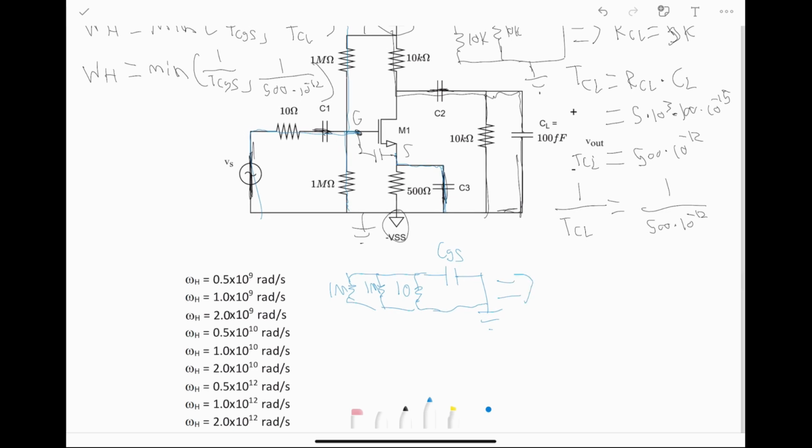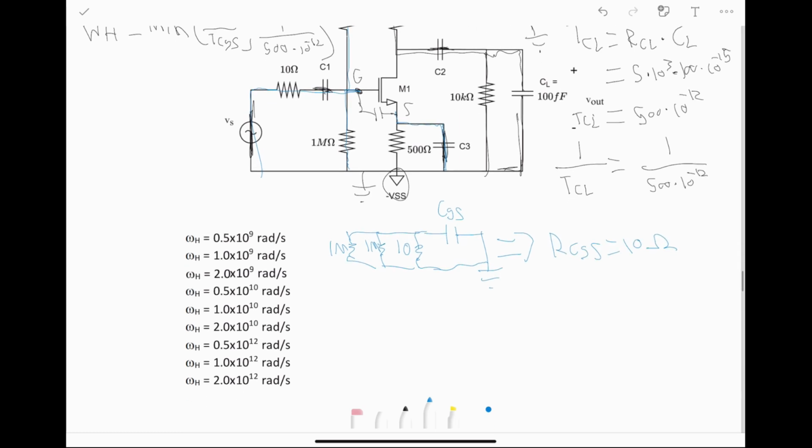We can simplify this a bit and just say that these two 1 mega ohm resistors in parallel are still going to be so big compared to this 10 ohm that we can ignore them, and we can just say that our RCGS is equal to 10 ohms. We can say, based on that, that tau CGS is equal to our RCGS times whatever that gate capacitance is.